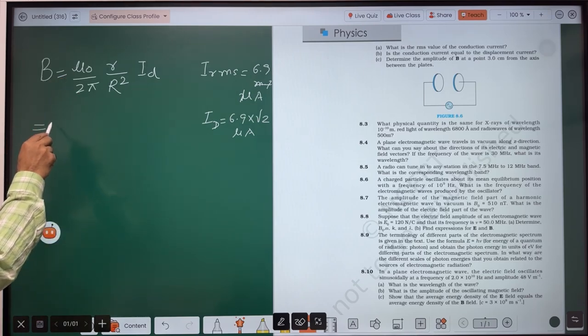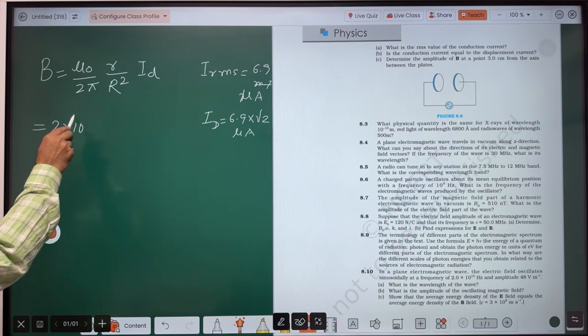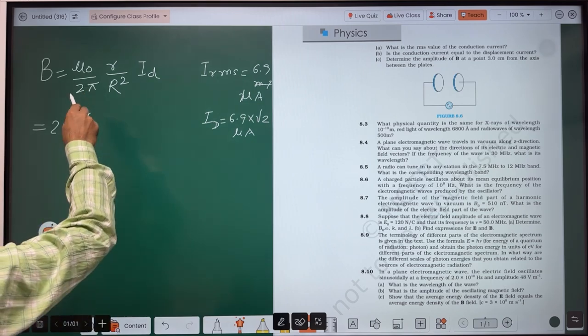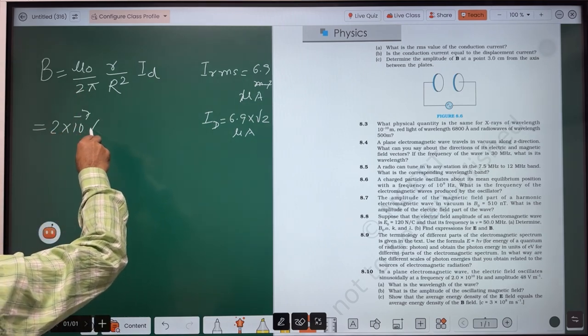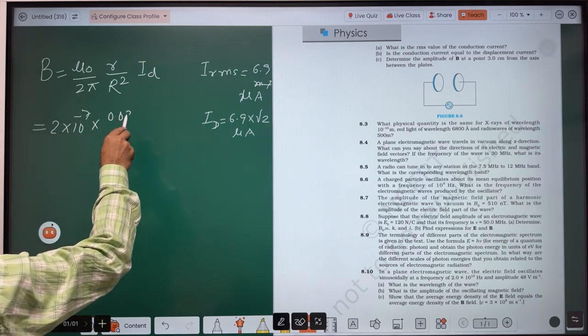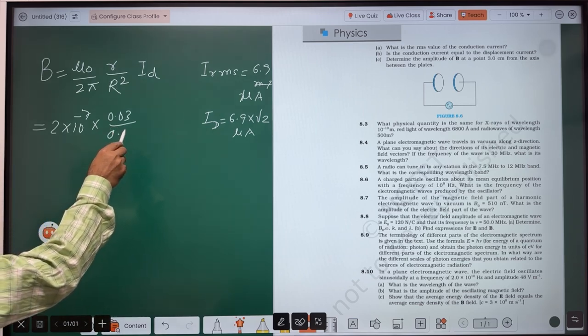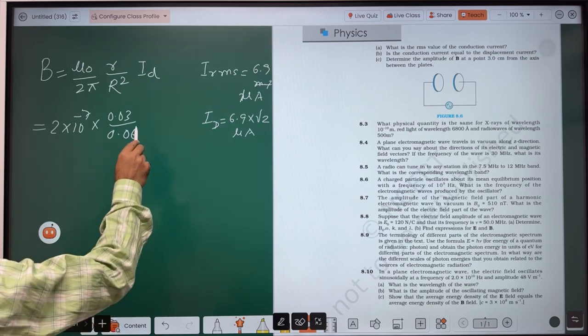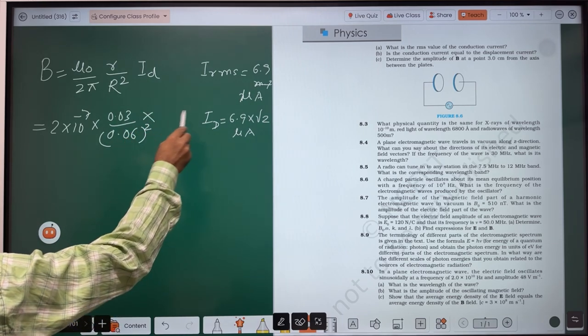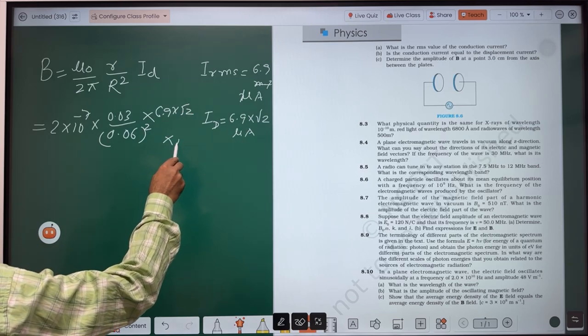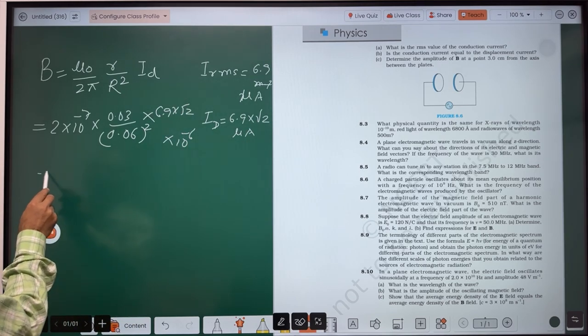So B will be mu naught upon 2 pi, which will be 2 into 10 power minus 7. Do you remember mu naught upon 4 pi equal to 10 power minus 7? So mu naught upon 2 pi is 2 into 10 power minus 7. Small r is 3 centimeter, 0.03, and the capital R, the radius, was given as 6 centimeter, so we write 0.06 square, and then this value 6.9 into root 2 into 10 to the power minus 6.